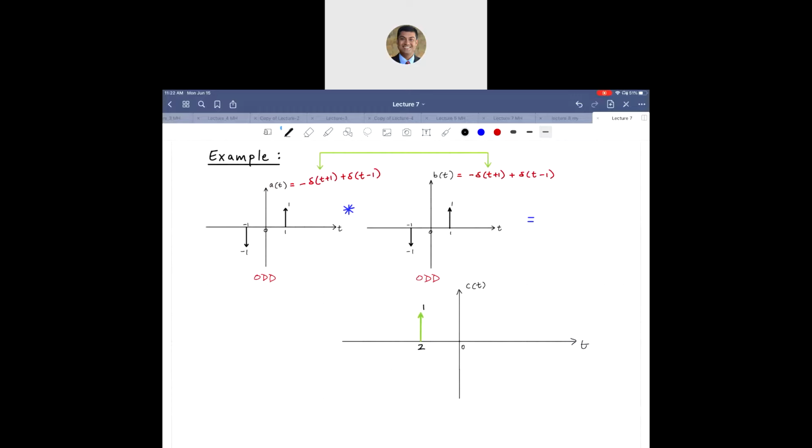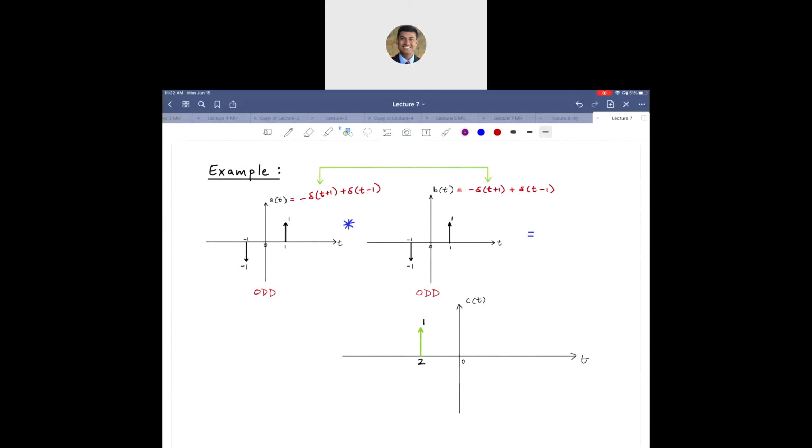Next, let us use a different color here, and let's do the outer two. What are those two going to result in? There is an impulse at 1, there is also an impulse at 1. So 1 times 1, the weight of that impulse is going to be 1, and it is going to be located at 2.